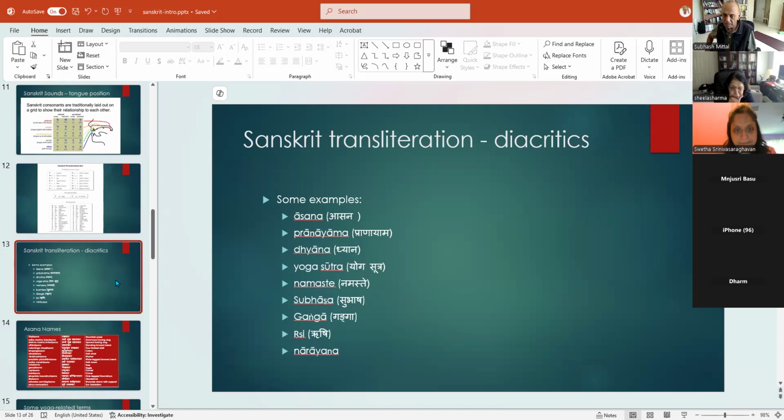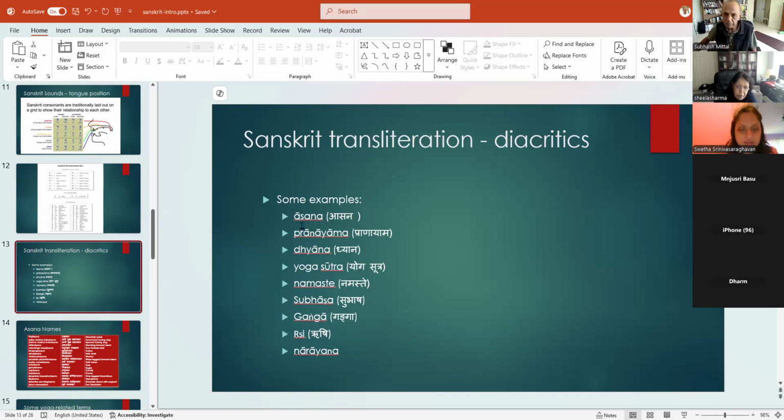So we went through the pronunciation of some of the words in yoga, just to show the diacritics. These marks which are placed either on top of the letter or under the letter are called diacritic marks, and they are internationally recognized marks.